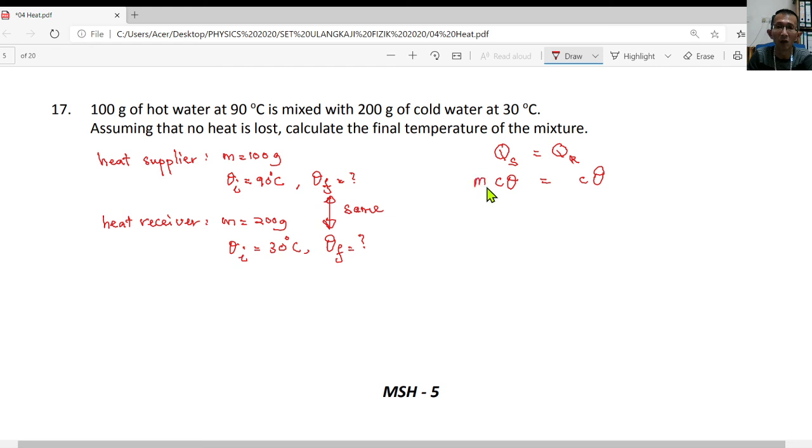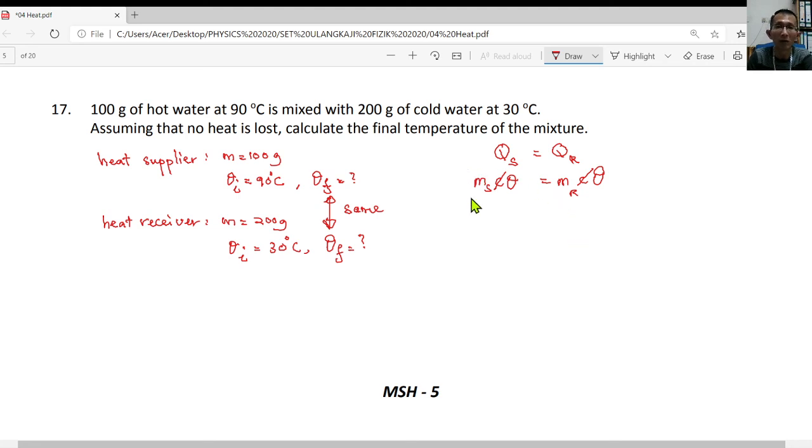So here I will put ms and mr, supplier and receiver. How about the C? Can I cancel my C? Okay, here is water. Down here is also water. So water must have the same specific heat capacity. So therefore I can cancel my C. Okay, can you follow?